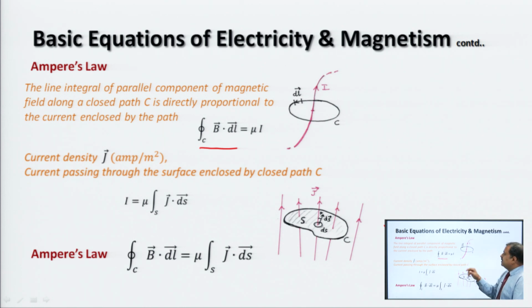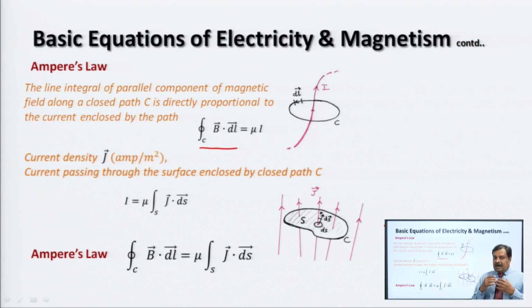Here I is the current which is enclosed by the path. If the path is not enclosing this wire, then this integral will be equal to 0. Here current I is only that current which is enclosed by the path.